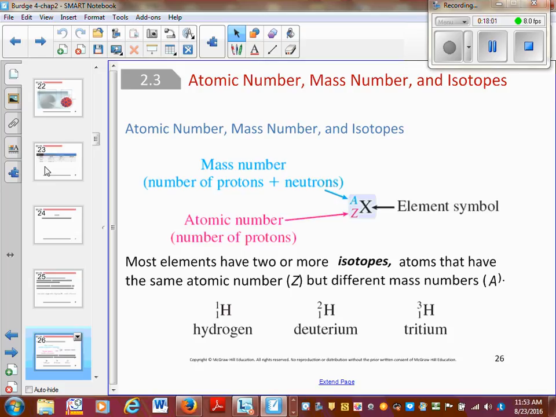The mass numbers, A, are the ones underneath. You can tell because they're not whole numbers. Carbon is 12.01. Hydrogen is 1.008. If you're confused, the mass number will always be higher than the atomic number because the mass number includes the protons plus the neutrons.